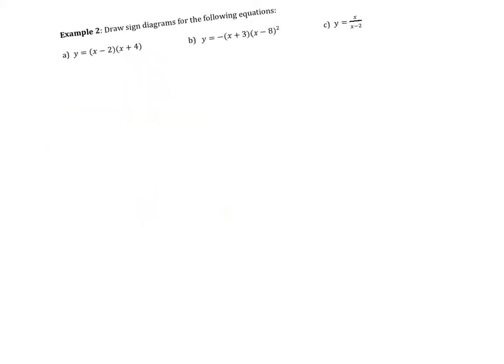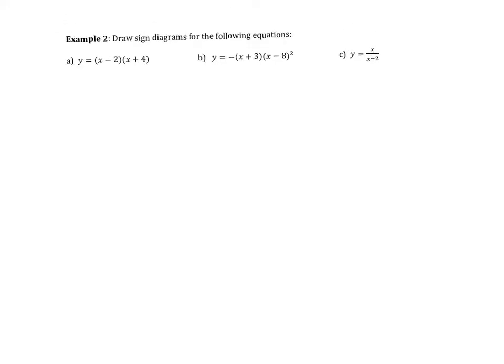Next question. Draw sign diagrams for the following equations. Let's try it without actually drawing the graph. For this one, what are my x-intercepts? Hopefully you realize that gives you x equals 2, and this one gives you x equals -4.